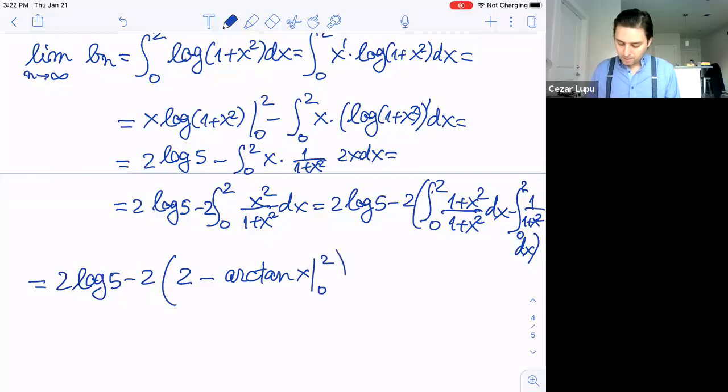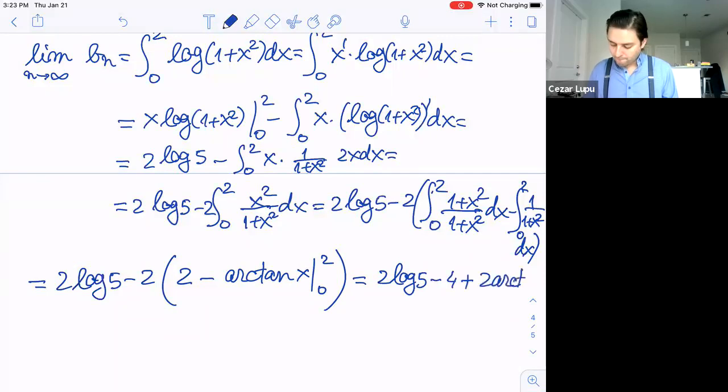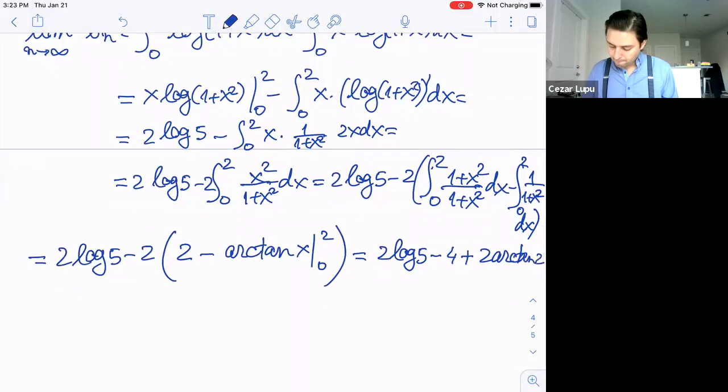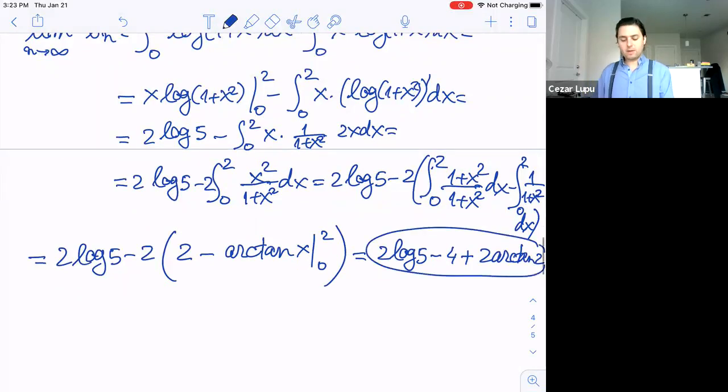So this would give us finally 2 log 5 minus 4 plus 2 arctangent of 2. Okay, so that's the answer. I hope I didn't make any mistakes, but I don't think so.